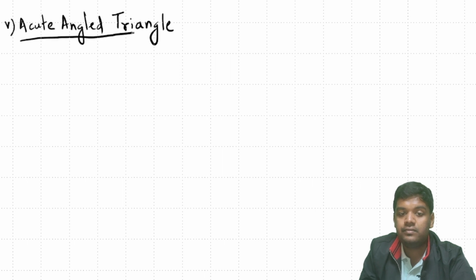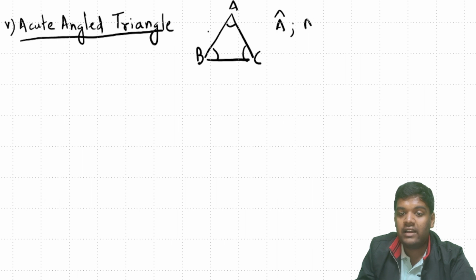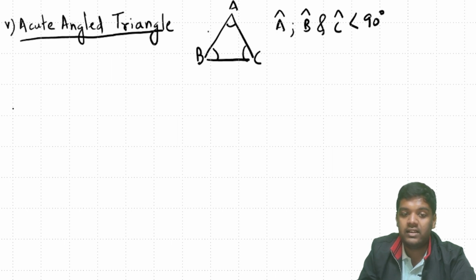Here, all angles of the triangle will be less than 90 degrees. This angle, and this angle, let's denote them as capital A, capital B, capital C. Angle A, angle B, and angle C will be less than 90 degrees. Then this type of triangle is called acute angle triangle. Next is obtuse angle triangle.